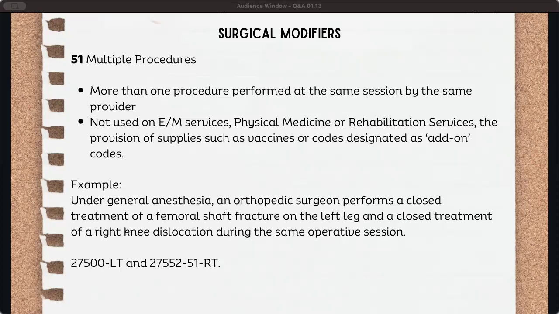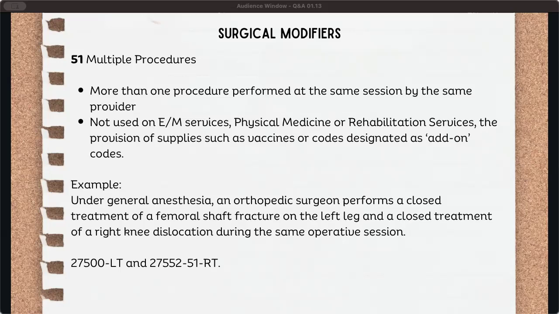So let's say, for example, we have an orthopedic surgeon who performs a closed treatment of a femoral shaft fracture on the left leg. And then you have a closed treatment of a right knee dislocation during the same operative session. So this is going to be coded as 27500 LT. And then you have 27552 with a 51 as well as an RT modifier.